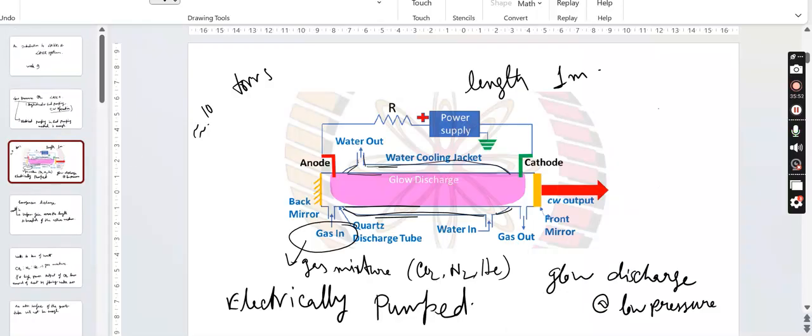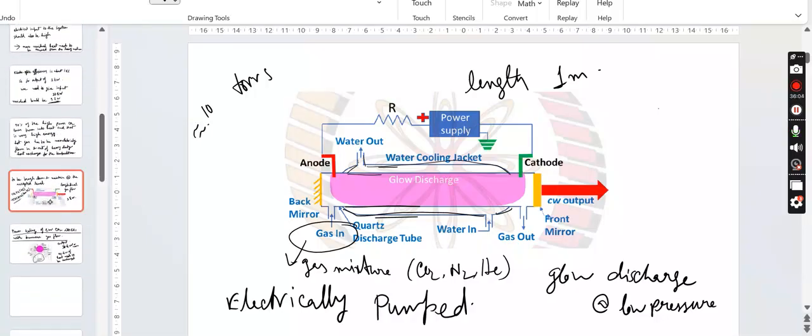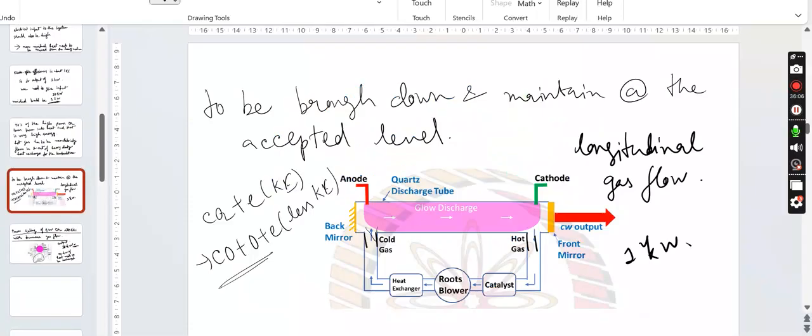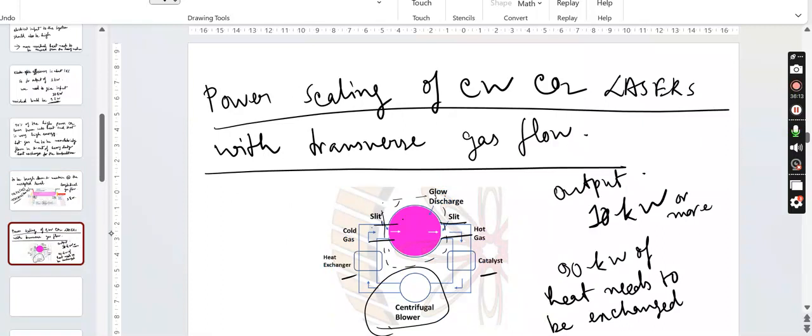Now we will go to the, so remember, this is low pressure, low power, longitudinal pump, longitudinal gas flow, carbon dioxide laser schematic. This is a higher power, like 1 kilowatt, but the pumping and the gas flow are still longitudinal, just to increase the power.